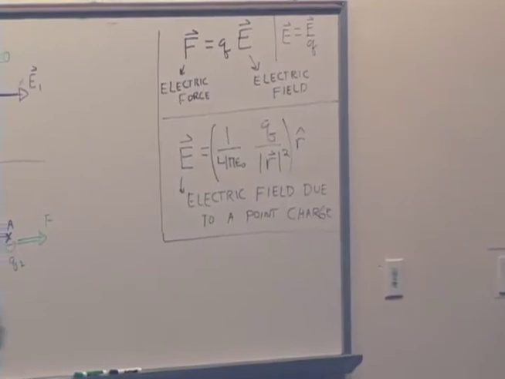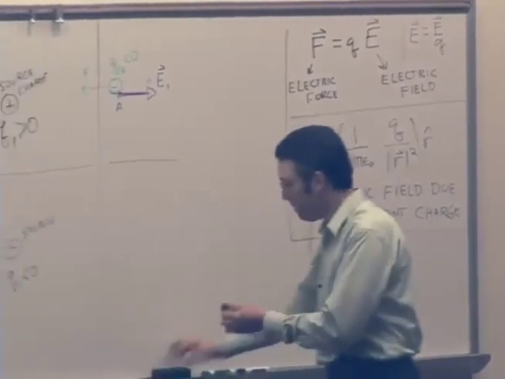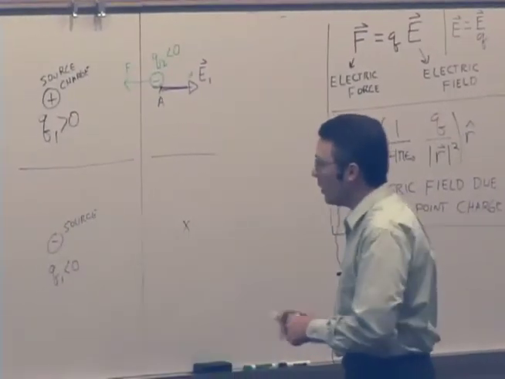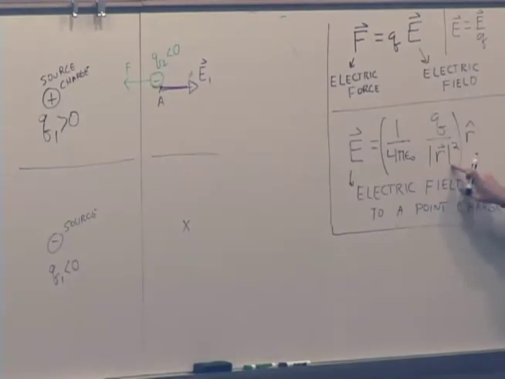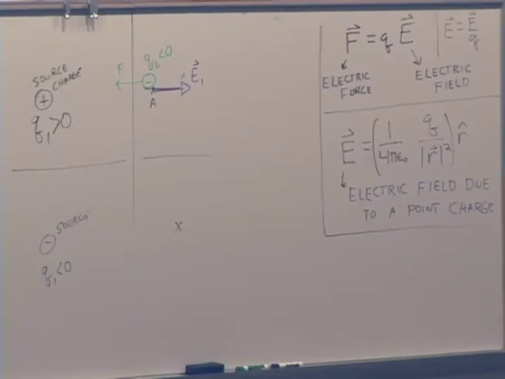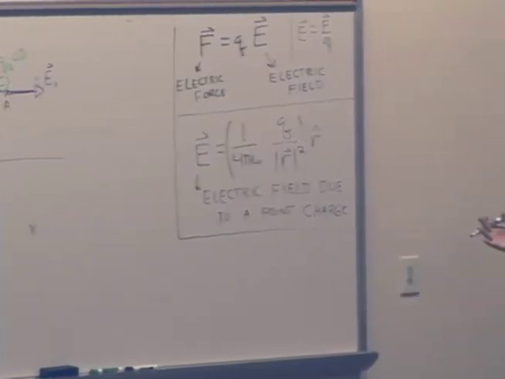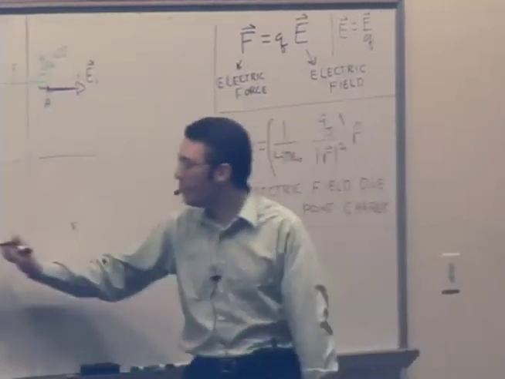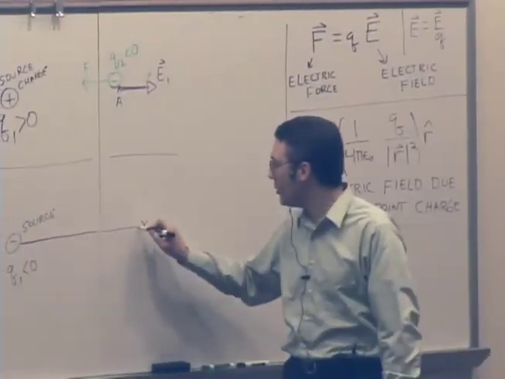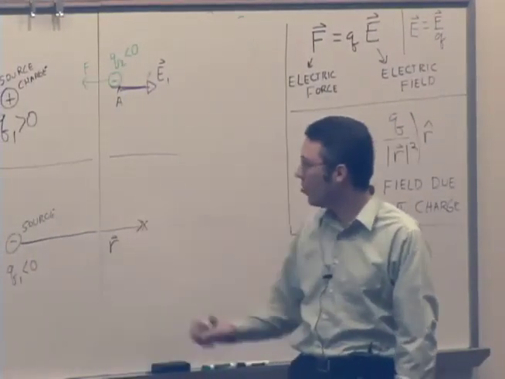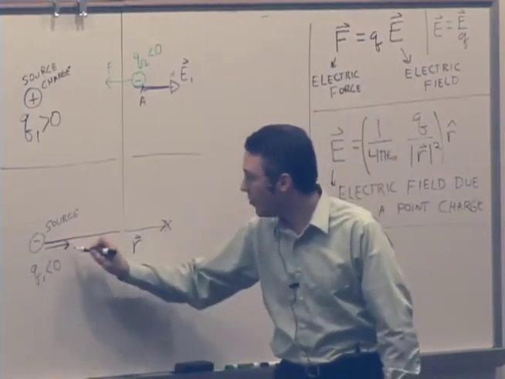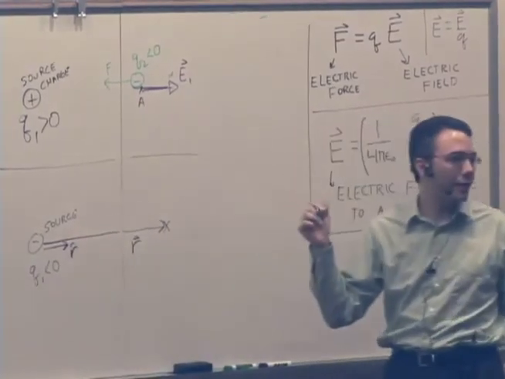If we have an R vector, what is this R hat? This R hat is a unit vector that points from the source to the observation location by definition, okay? So I define an R vector that points from the negative charge to the observation location, call that R, and then R hat is just a unit vector in that same direction, okay?